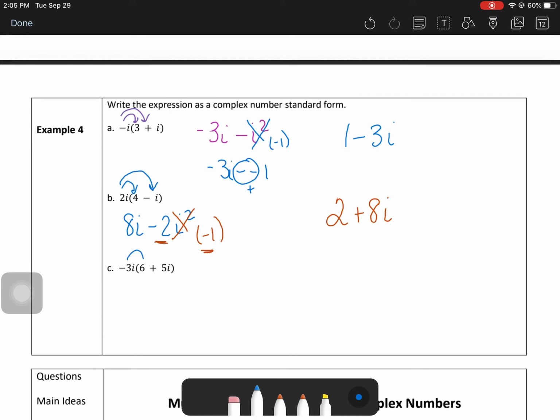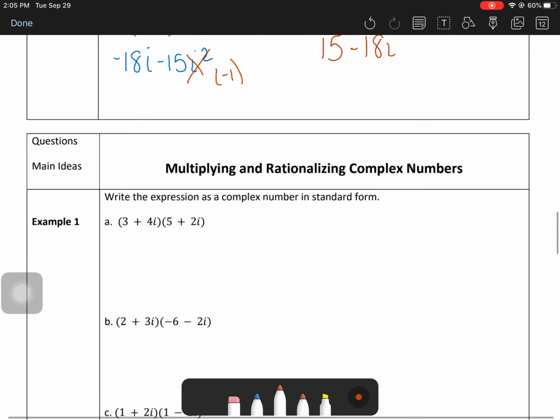In the next example, negative 3i times 6 would be negative 18i, and negative 3i times negative 5i would be negative 15i squared. So remember, the i squared is negative 1. So negative 15 times negative 1 is positive 15 minus 18i, the real part followed by the imaginary part.